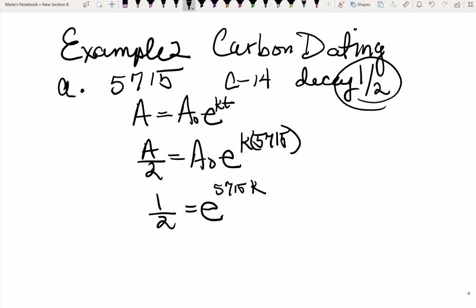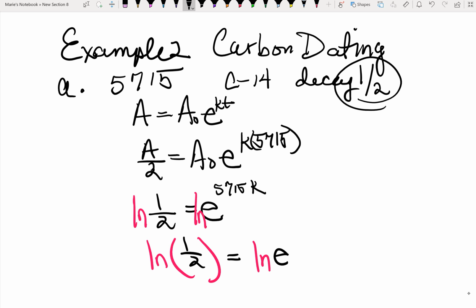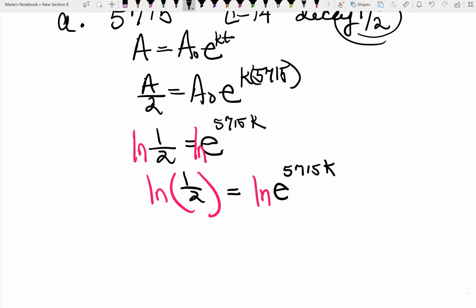So if we take natural log on both sides, and this is a process you'll follow in every one of these questions, you'll have natural log of 1/2 equal to the natural log of e to the 5,715k. Remember, the natural log and e cancel each other out on that side.